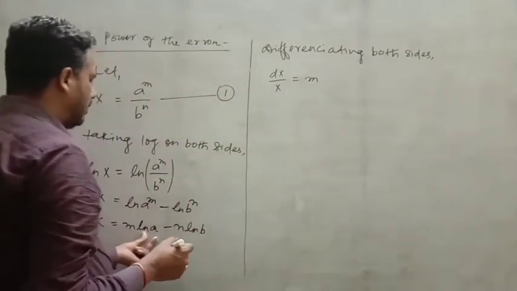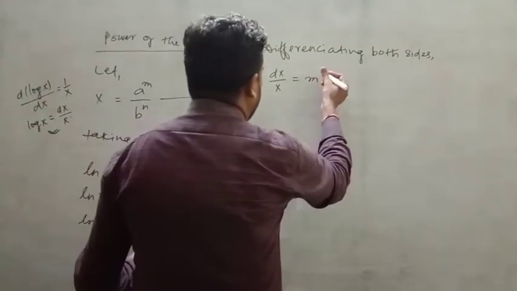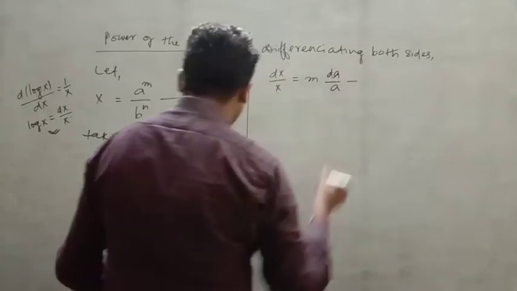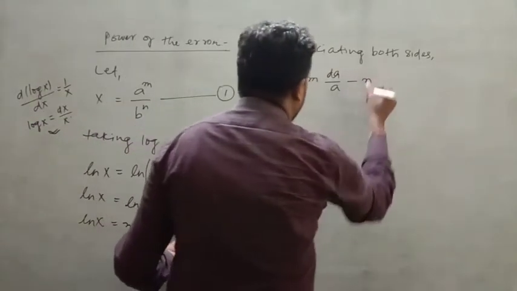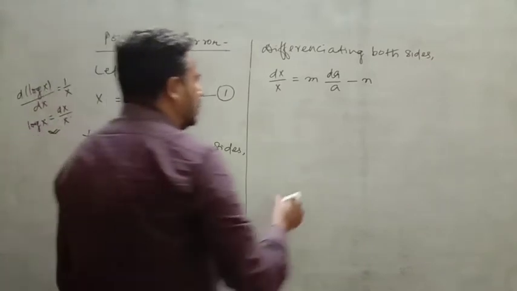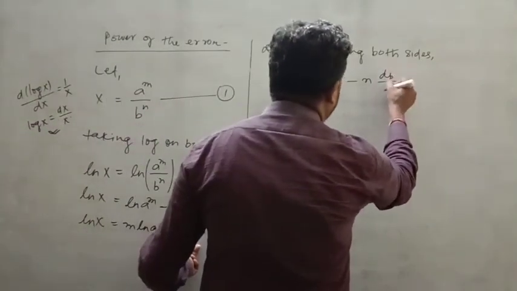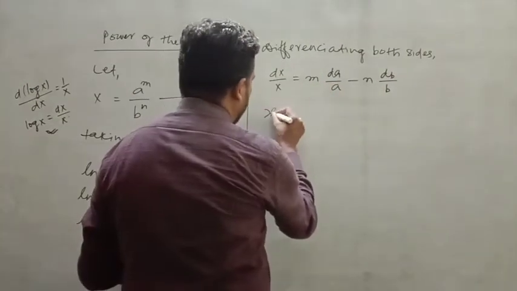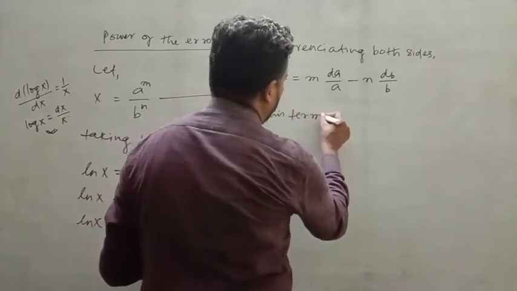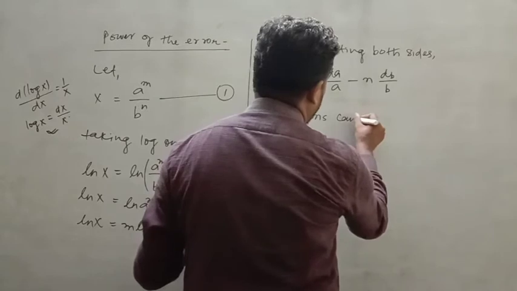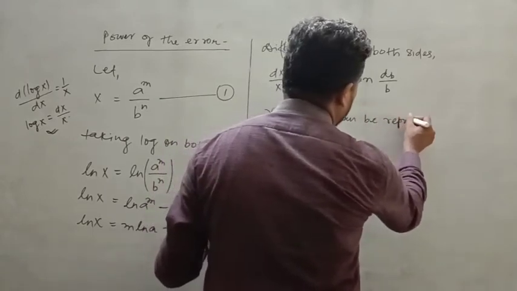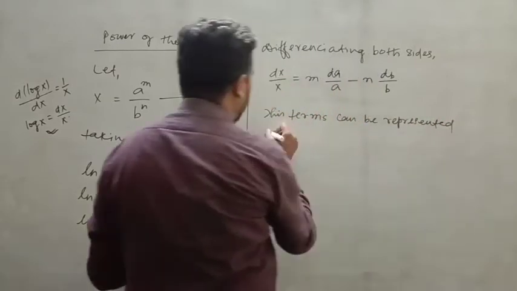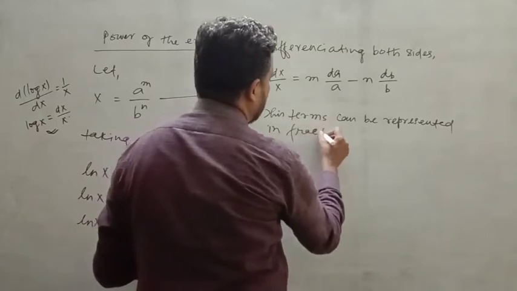So differentiation of ln a is dA by a, minus n, which is constant, times the differentiation of ln b, which is dB by b. These terms can be represented in fractional errors.